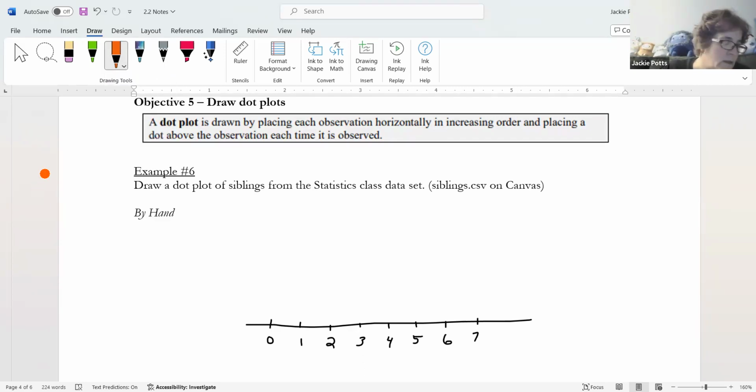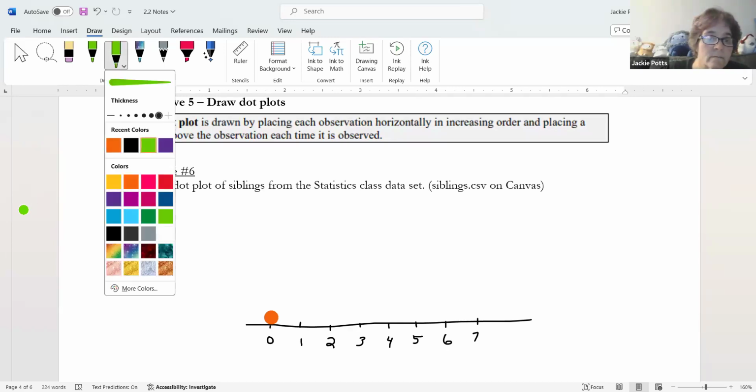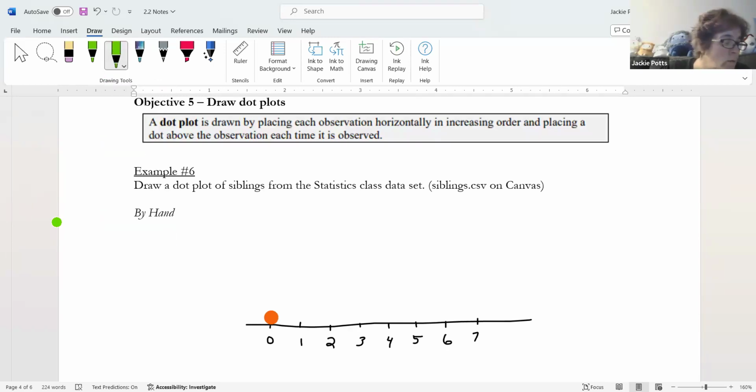Going back to the siblings, do you remember how many kids we had under 0? There was 1. So he gets 1 dot. Under 1, we had 4. So guess what? It gets 1, 2, 3, 4 dots.